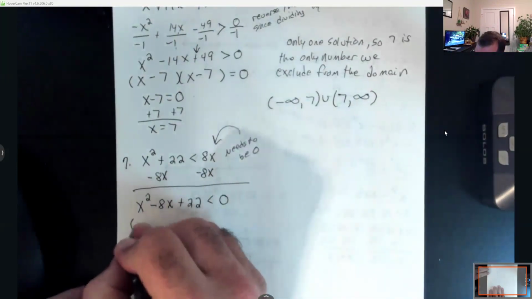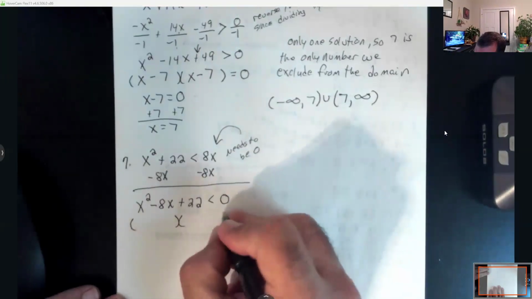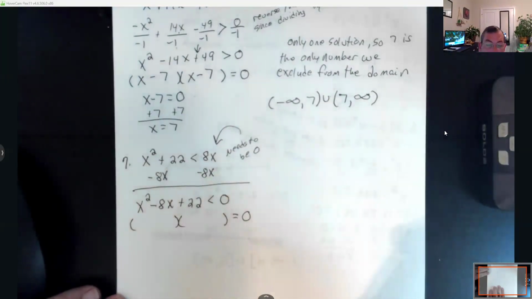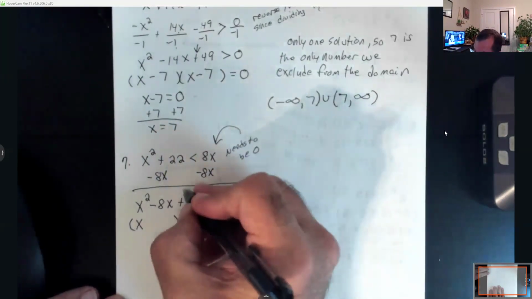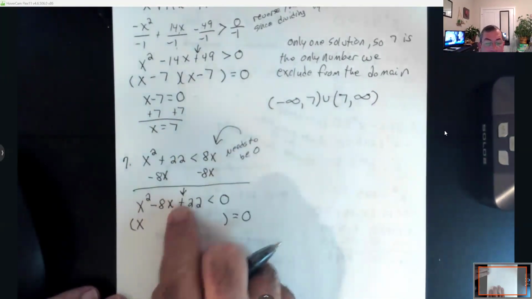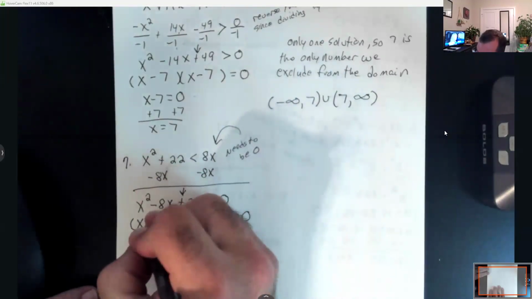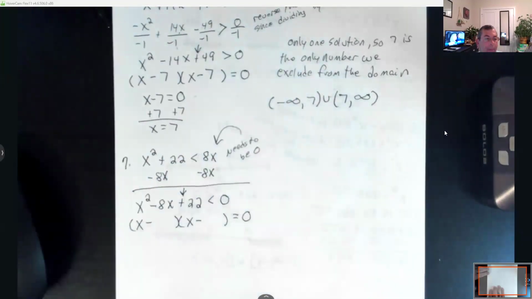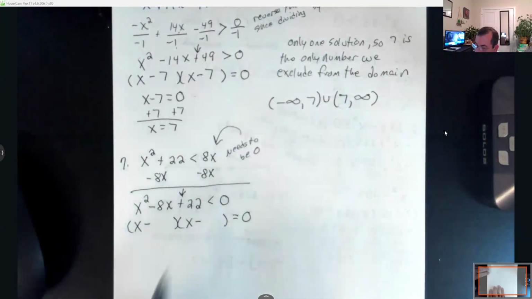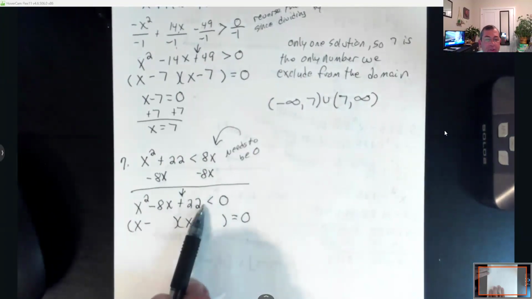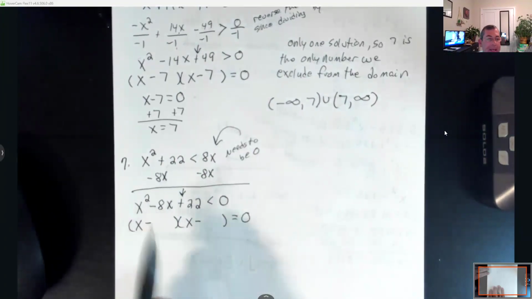All right, y'all, so let's see if we can factor this one. And at that point, I'm going to set them equal to 0. So I need an x and an x. The last number is positive, so both of these will be negative like the middle. All right, y'all, so find me factors of 22 that'll add to get an 8.